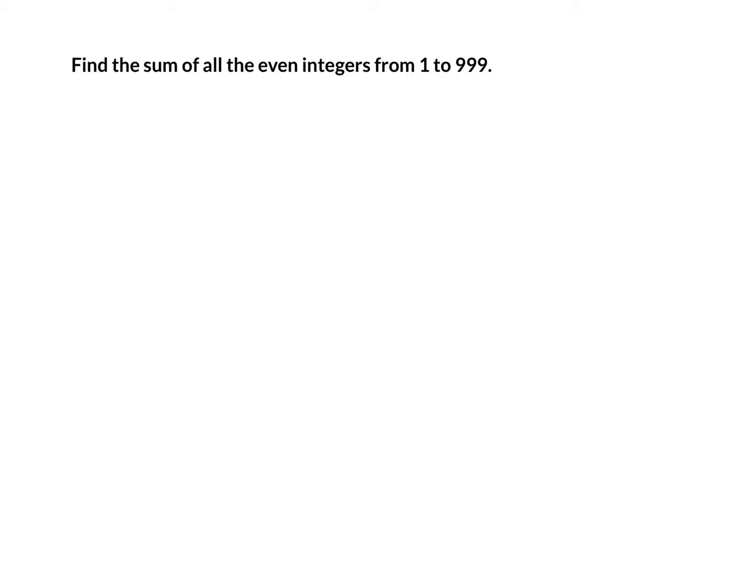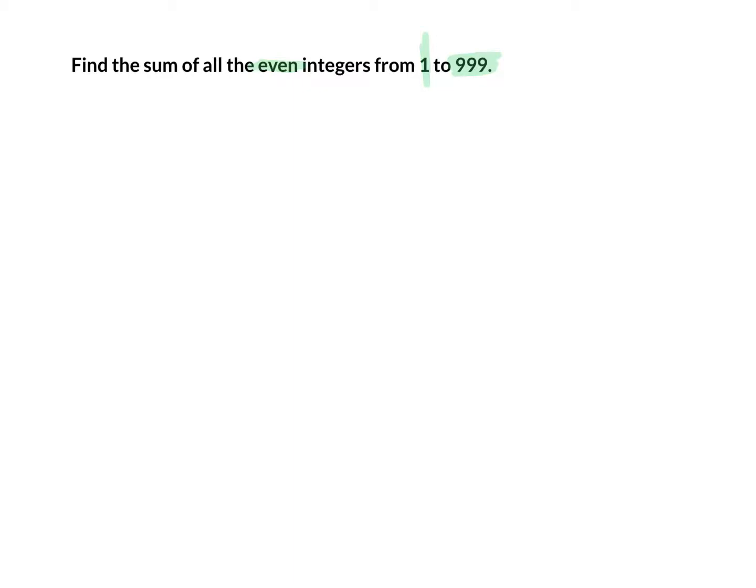The biggest thing I see here that we are going to have to worry about is this. It said even integers, but notice they give you a 1, which is an odd number, and they give you 999, also an odd number. So we have to be very careful.